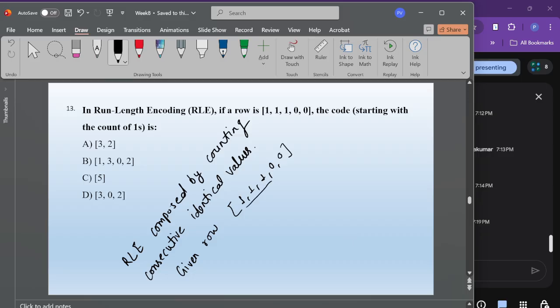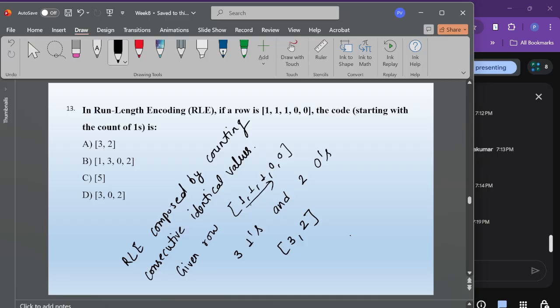These are three in a row. So three ones are there and two zeros are there, right? So the resulting code will be 3 and 2, not 1302.